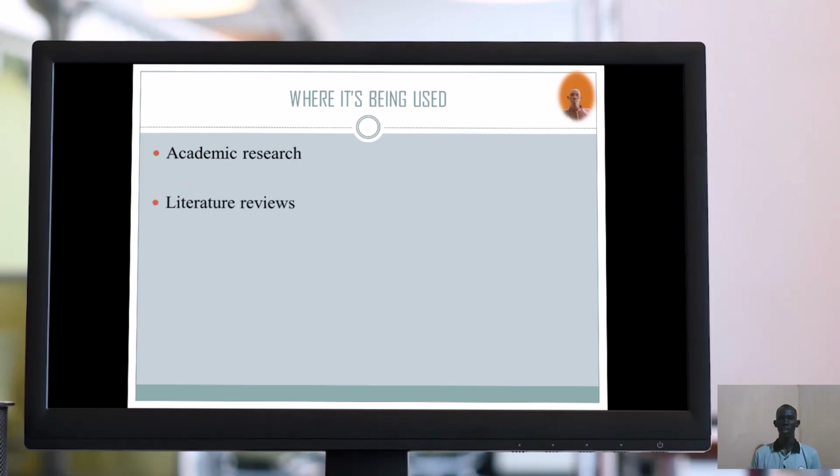Then secondly, when we have literature reviews, searching for those written pieces of information that have been in existence, you need to first plan how you can get them. Then systematic reviews, and also we can apply it in information searching tasks. That is basically where we can apply search strategies.